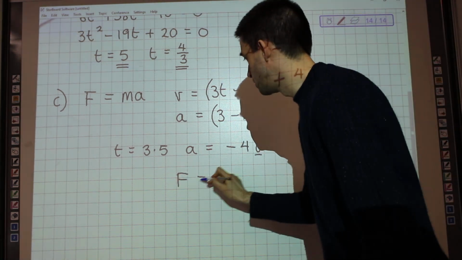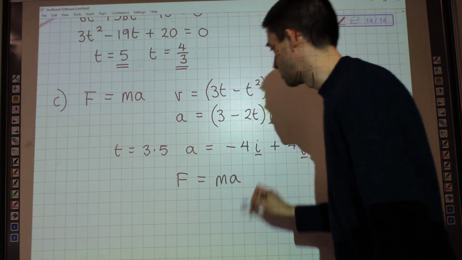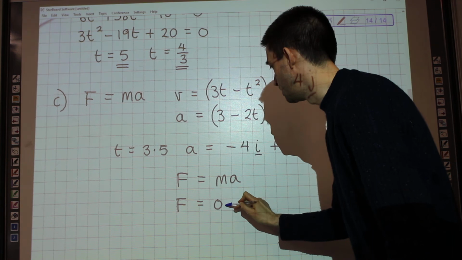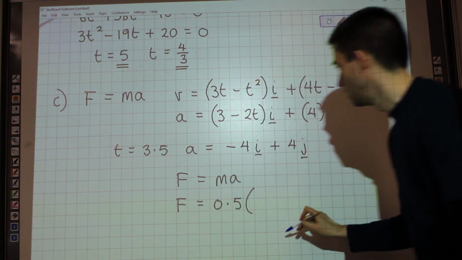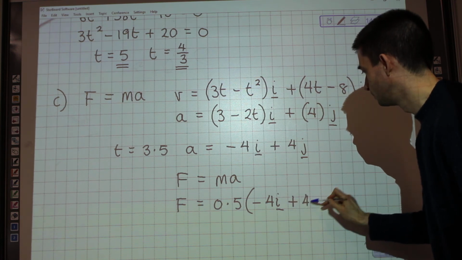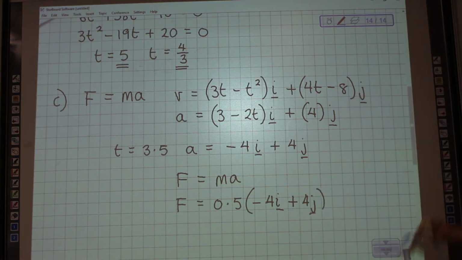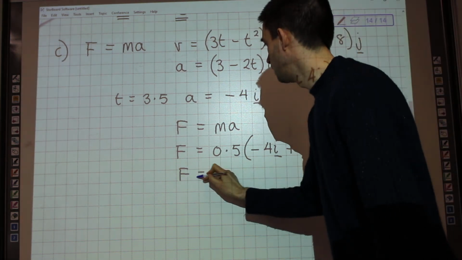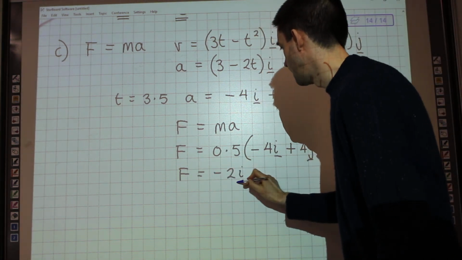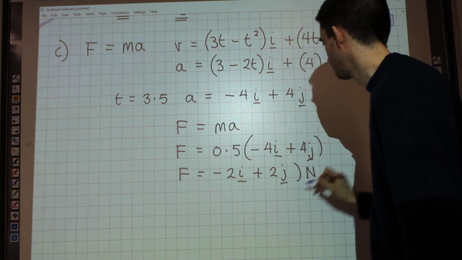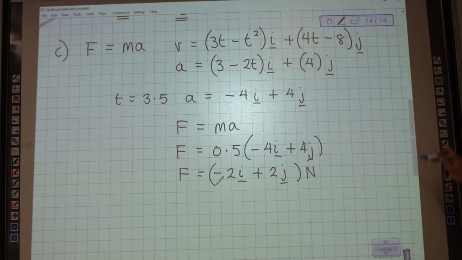So if we now go to resultant force equals mass times acceleration, my mass was given in the question as 0.5. So if I multiply that by negative 4i plus 4j, I'm going to get my resultant force to be negative 2i plus 2j newtons.